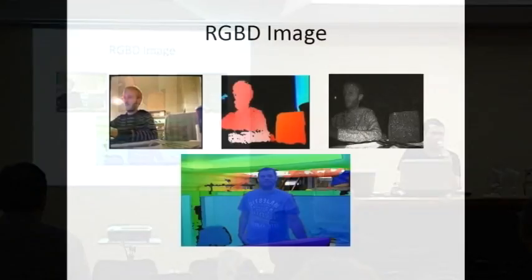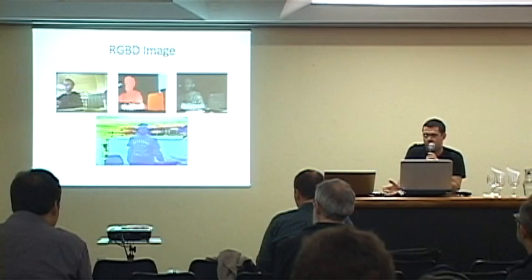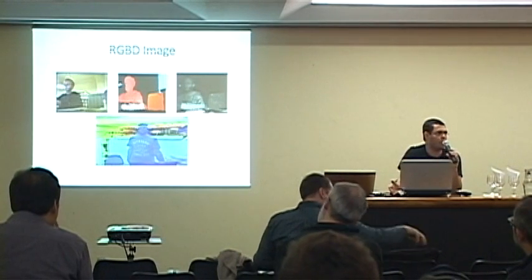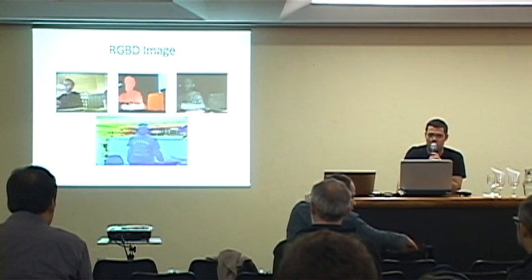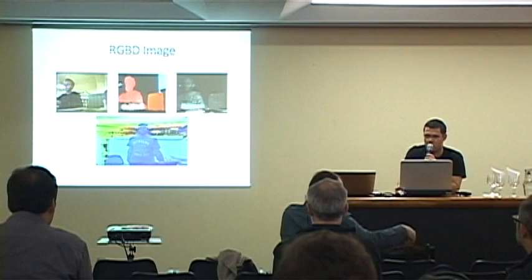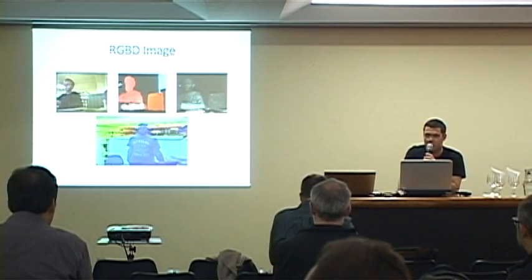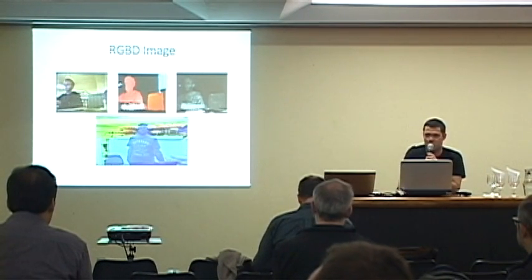The RGBD image is a colored RGB image plus the depth data. The main motivation of this research is that most image processing operates only on the color channels of the image, and nonetheless there are other attributes that can be used in processing.